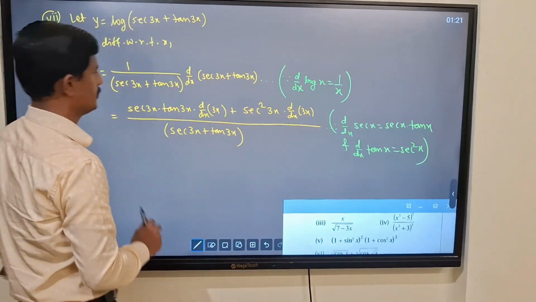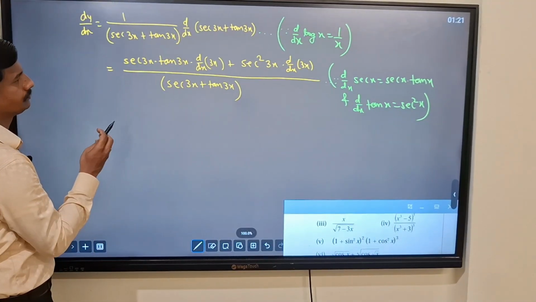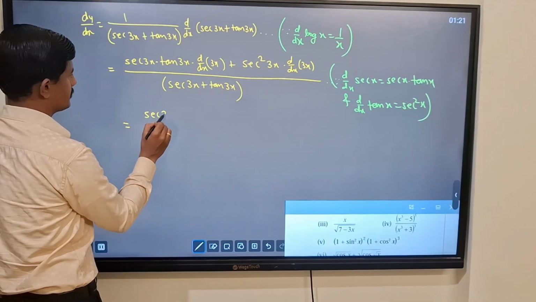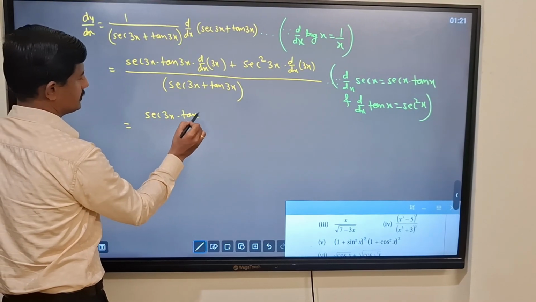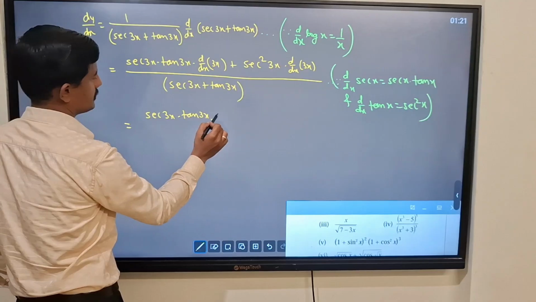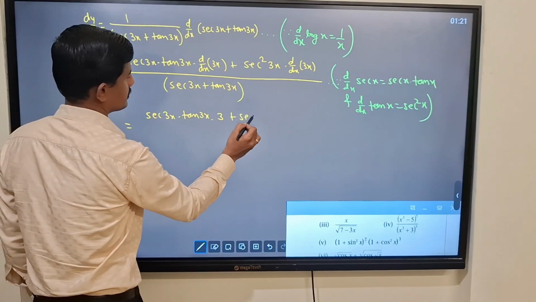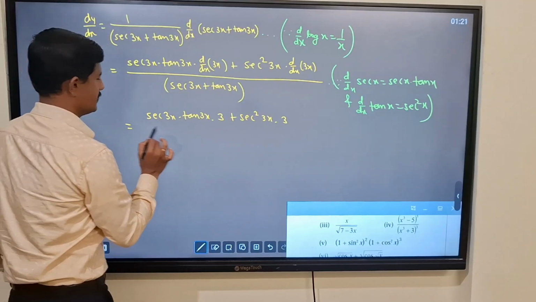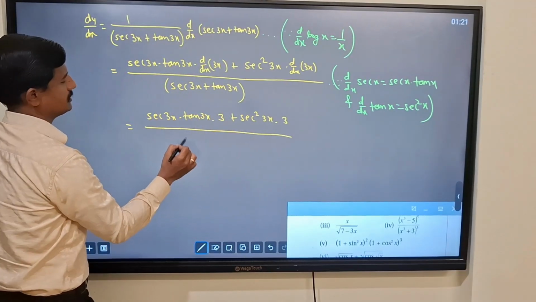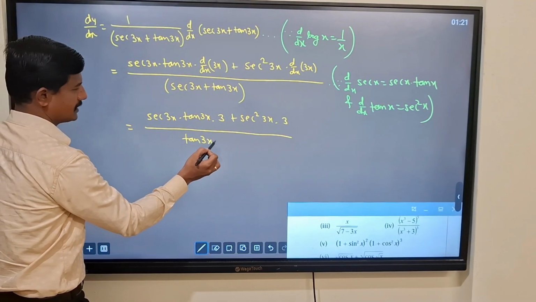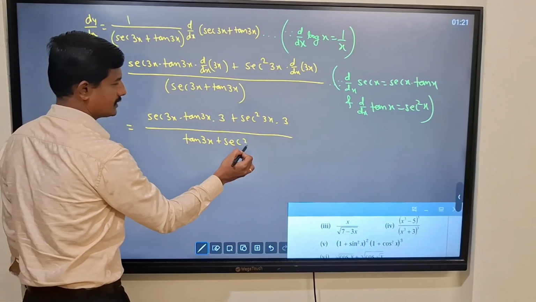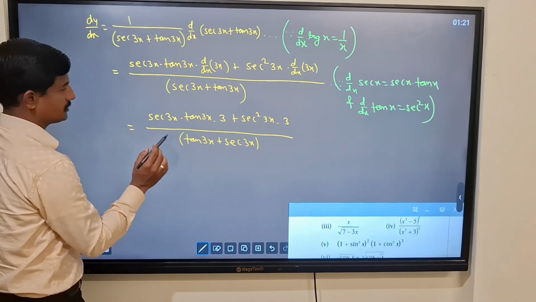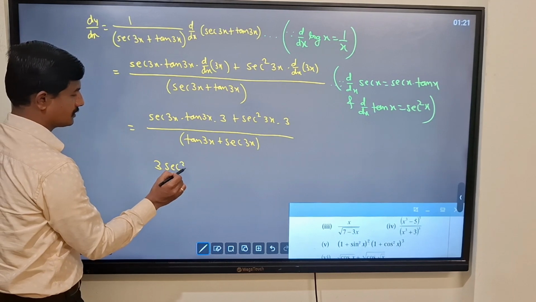Okay, now see, this is sec 3x into tan 3x. Differentiation of 3x is 3, plus this is sec square 3x and differentiation of 3x is 3. Now I will reverse this term. I will write down this as it is, tan 3x plus sec 3x. Now we will take common terms, 3 into sec 3x.